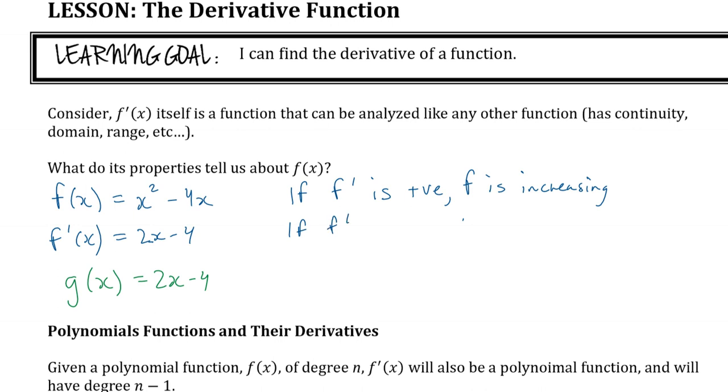If f prime is negative, f is decreasing. If f prime at x equals 0, f has a tangent slope of 0, and it is likely a turning point.